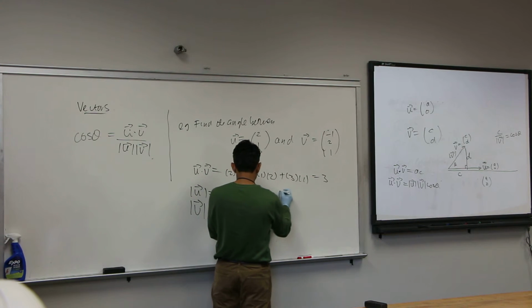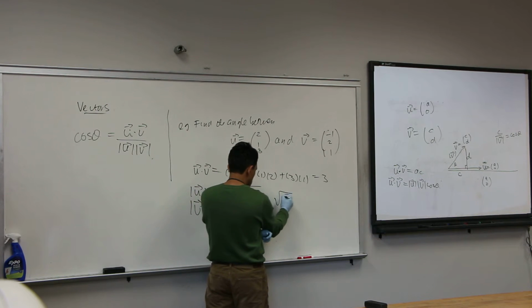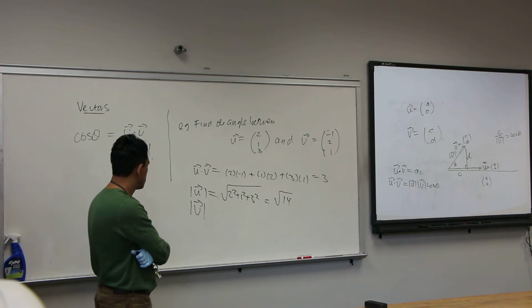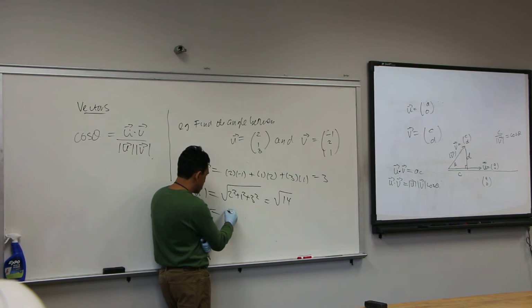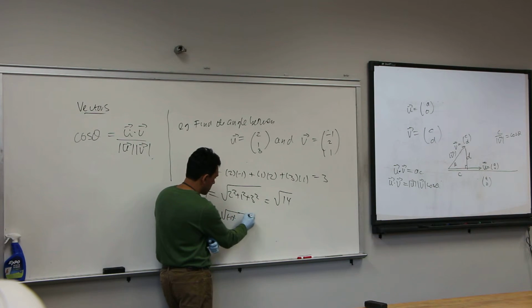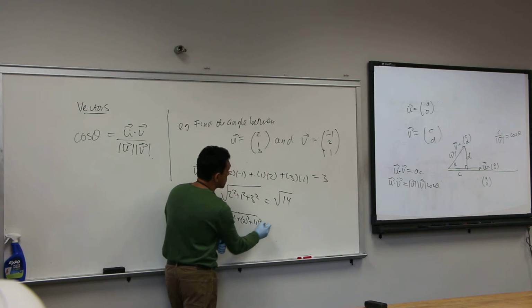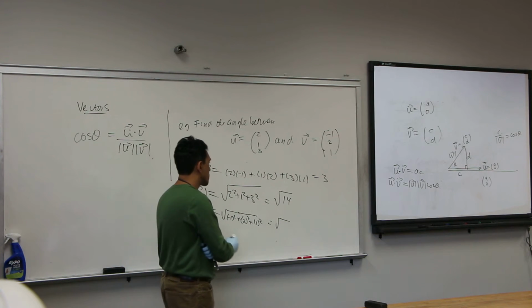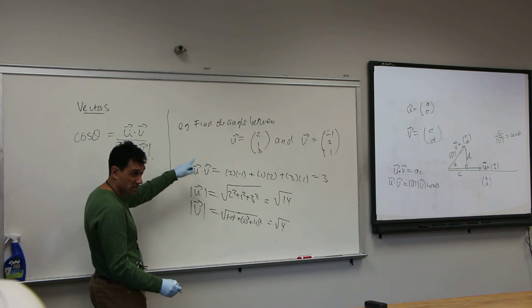This is the square root of 14. And what is the length of v? Square root of 1 squared plus 1 squared plus 2 squared, which is the square root of 6.